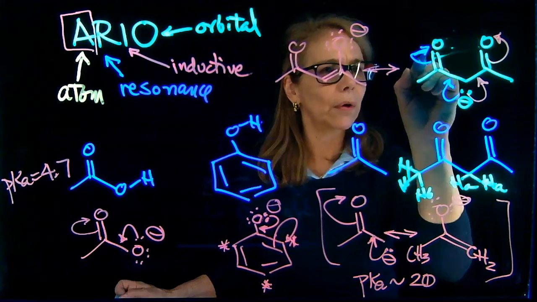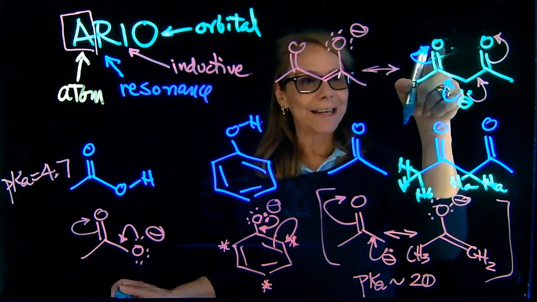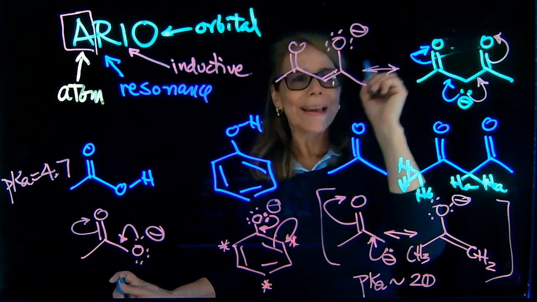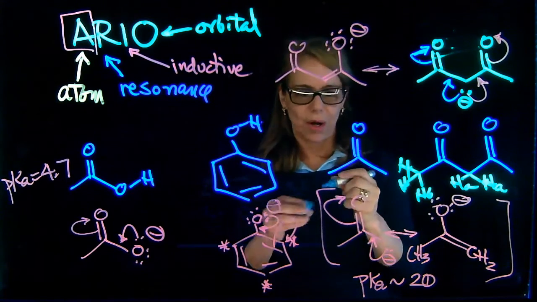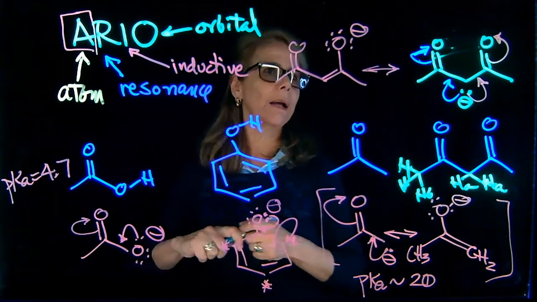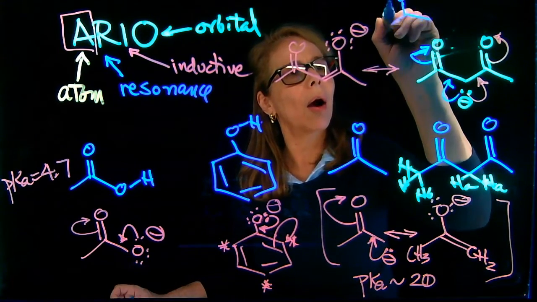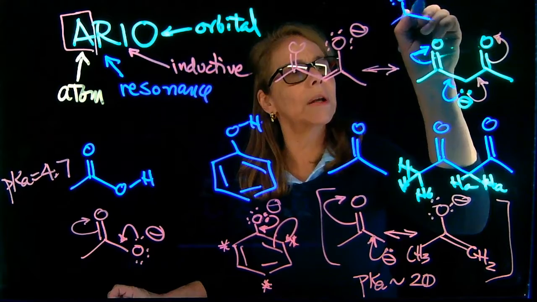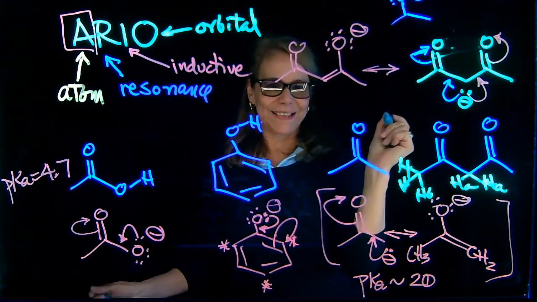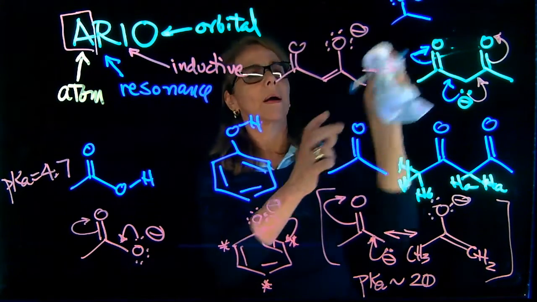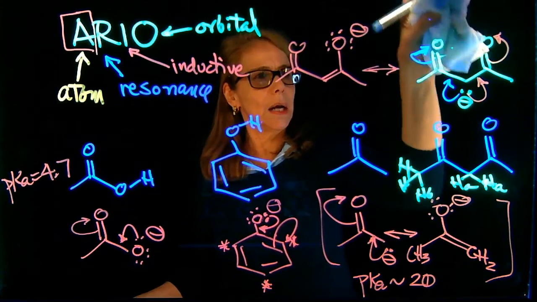If I do it over here, I will create charges here. So I have another resonance structure. I'm going to do it on the top again, hoping that I have enough room here.